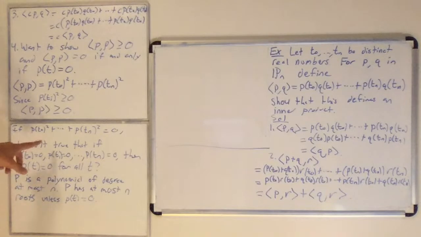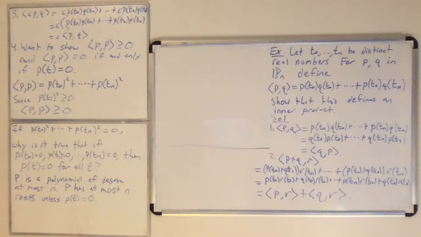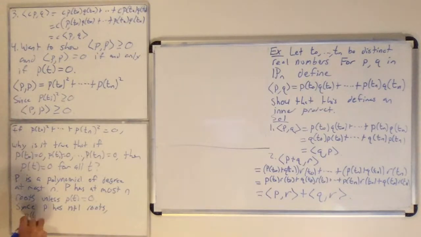And so for P inner product with itself to be equal to 0, we would need it to have not n roots, but n plus 1 roots, t0 all the way up through tn. The only polynomial of degree n that has n plus 1 roots is the polynomial that's constantly 0.